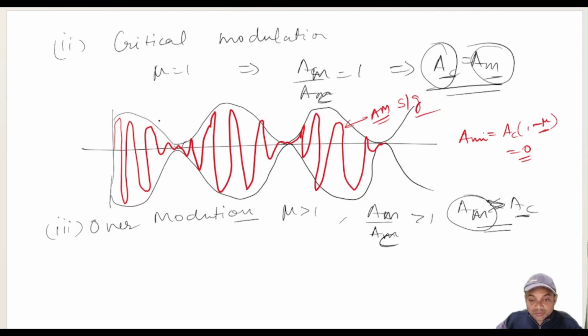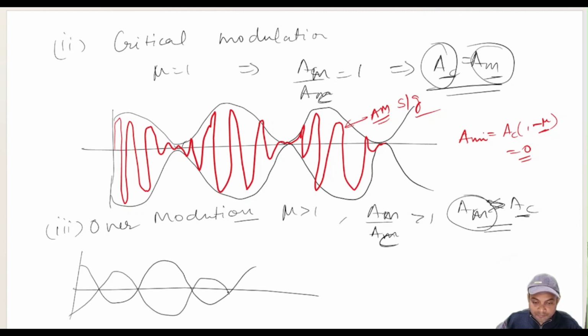Then we are crossing the x axis, and the signal will be like that.